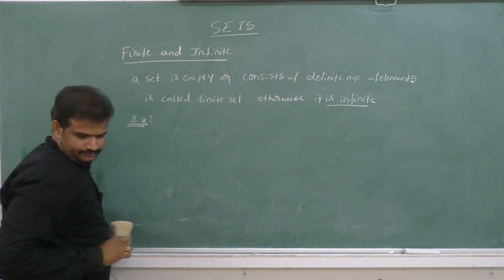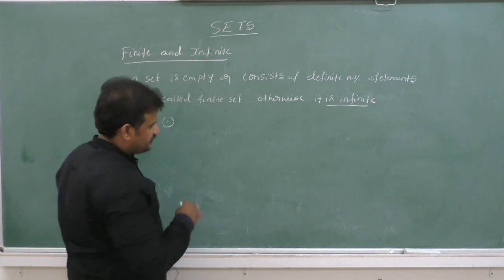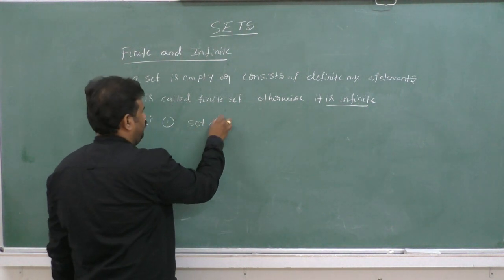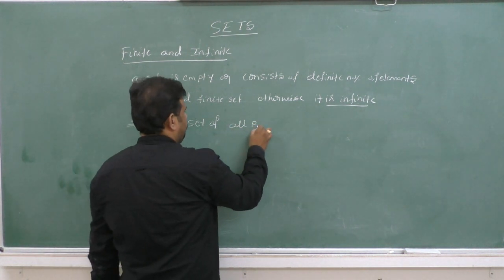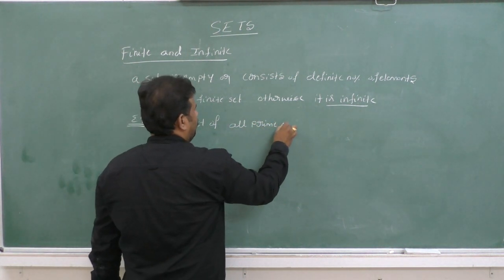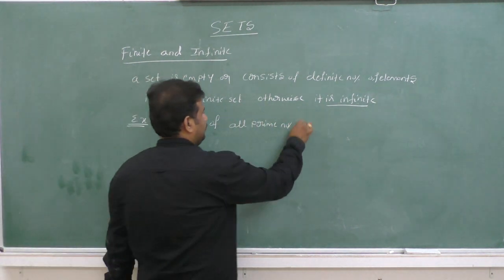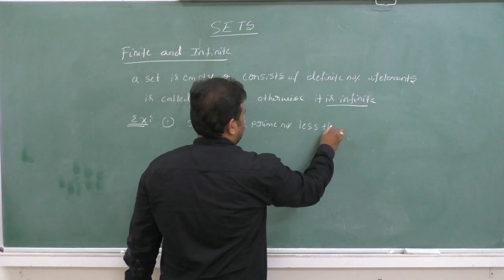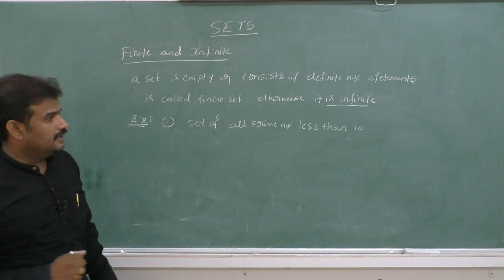So examples of your finite set. Example 1: set of all prime numbers less than 10.